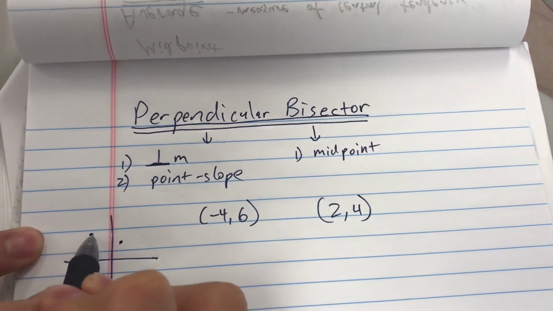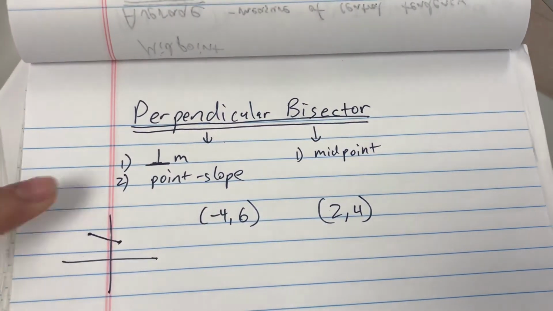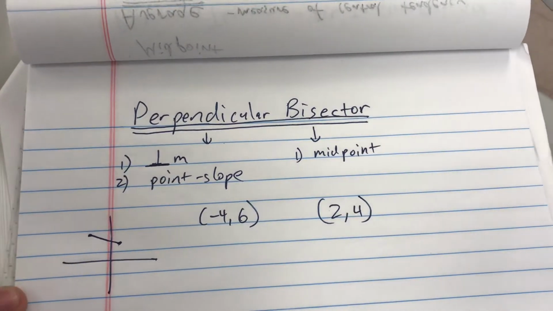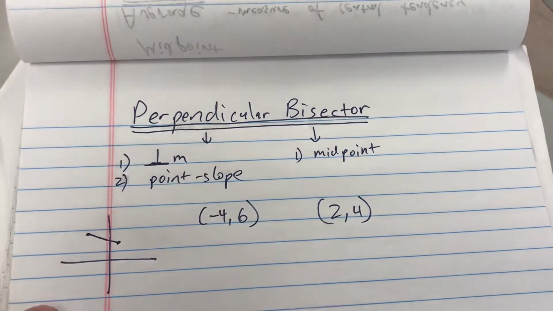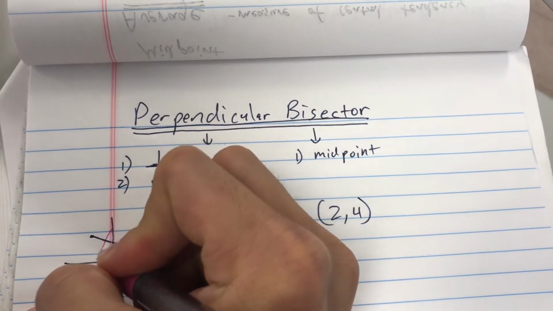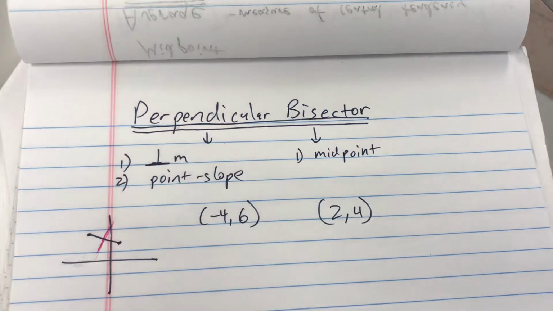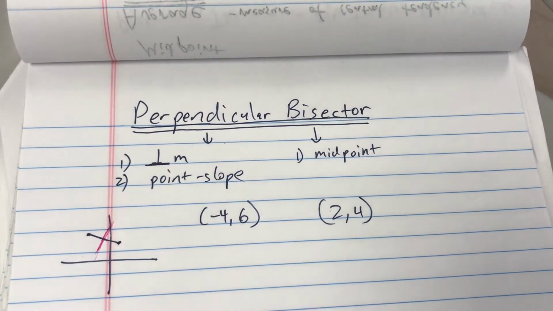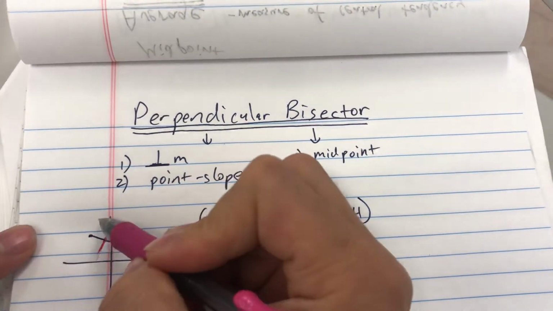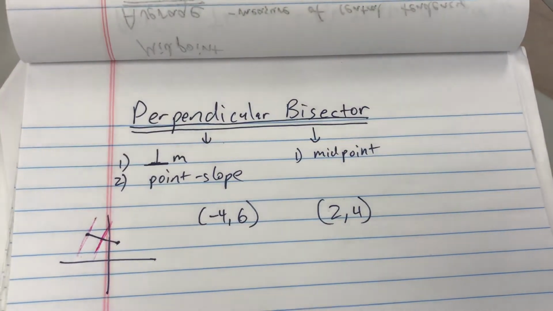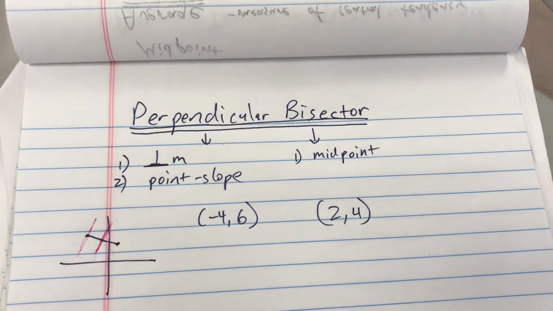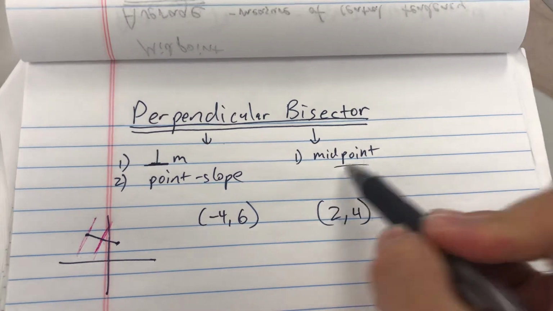And so this is the line, hypothetically. The perpendicular bisector is the line that intersects it perfectly right in the middle and forms the 90-degree angle, okay? Because technically any line could be perpendicular to this. It could be over here. But for it to be a bisector, it has to hit right in the middle. So this requires us first to actually calculate the midpoint, okay?